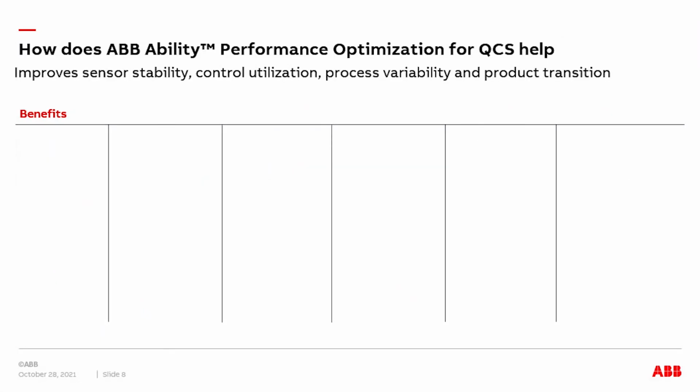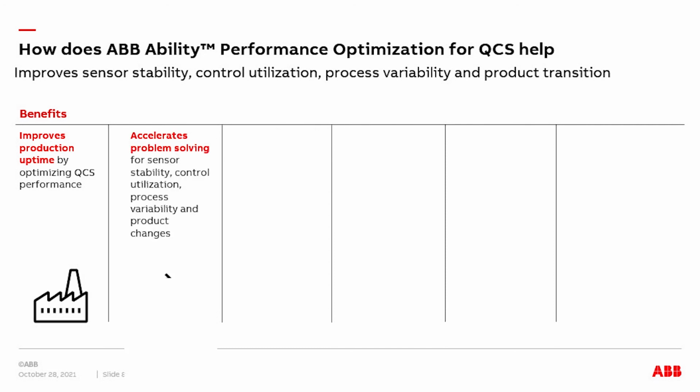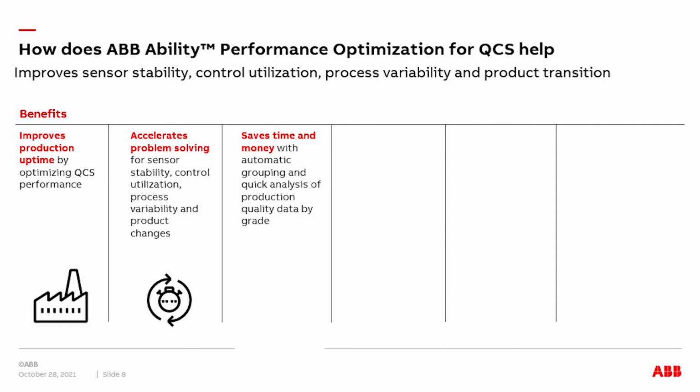So the benefits of QCS performance channels are that it improves the production uptime by optimizing the QCS performance. It accelerates problem solving for sensors, control, and variability. It saves time and money with automatic grouping and quick analysis of production quality data by grade.